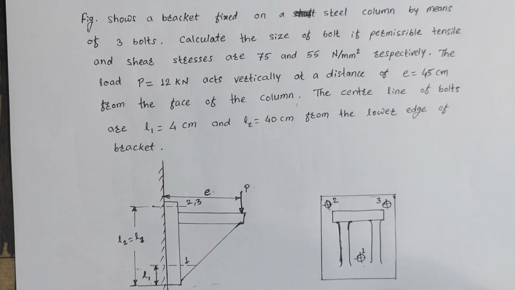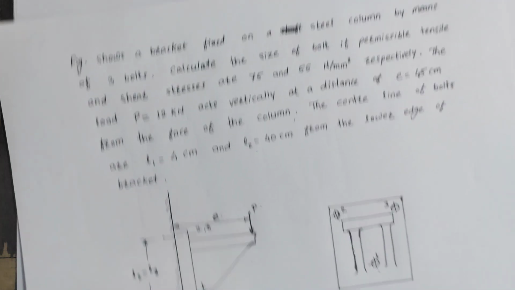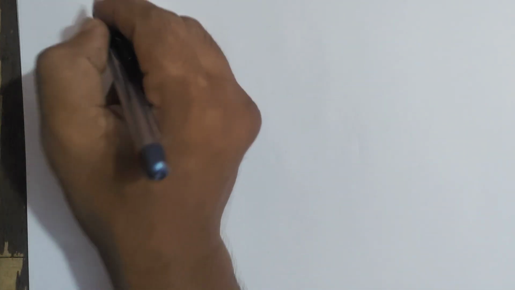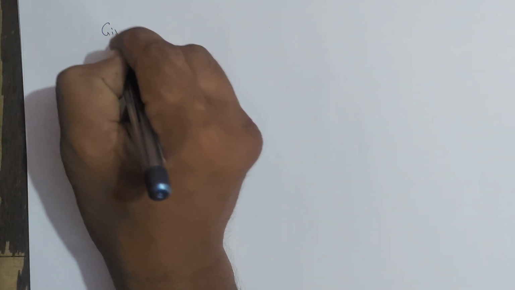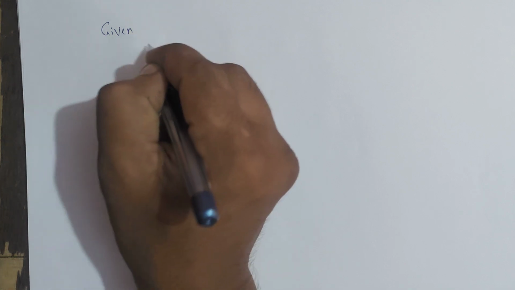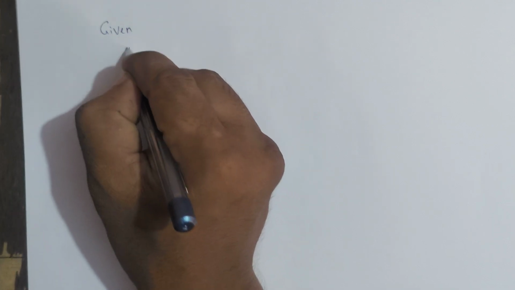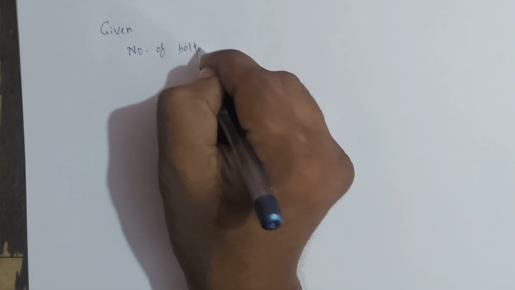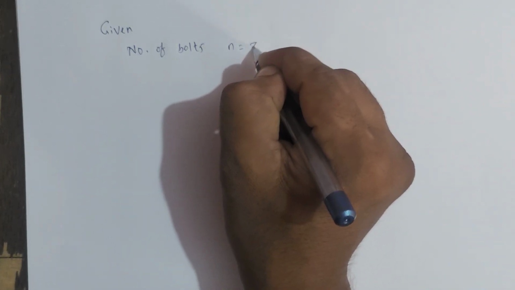So first we'll write the given data. First, the number of bolts, that is n is equal to 3.